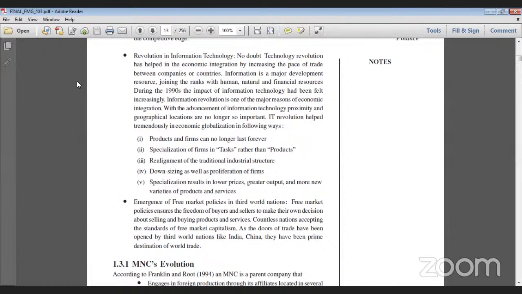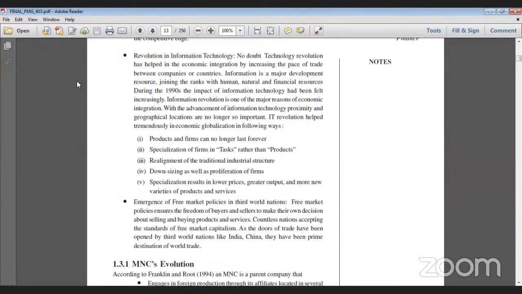It has tremendously increased globalization in the following ways. The production of the firm can no longer last forever. The specialization of firms in tasks rather than production results in lower prices, greater output and more new varieties of products or services.